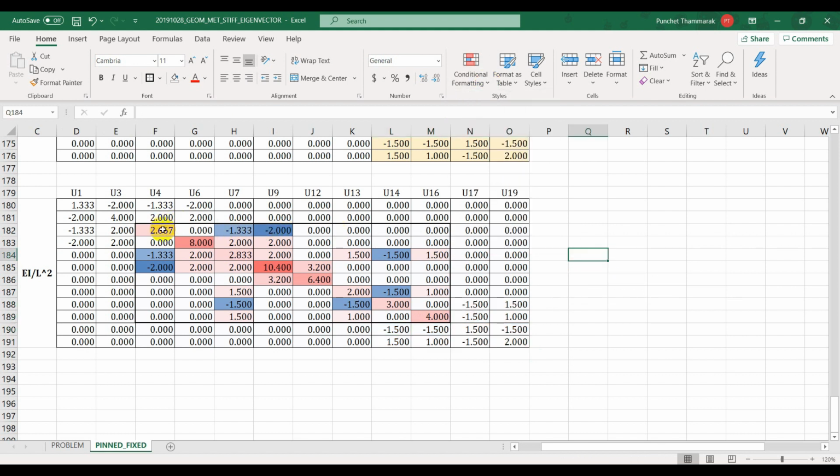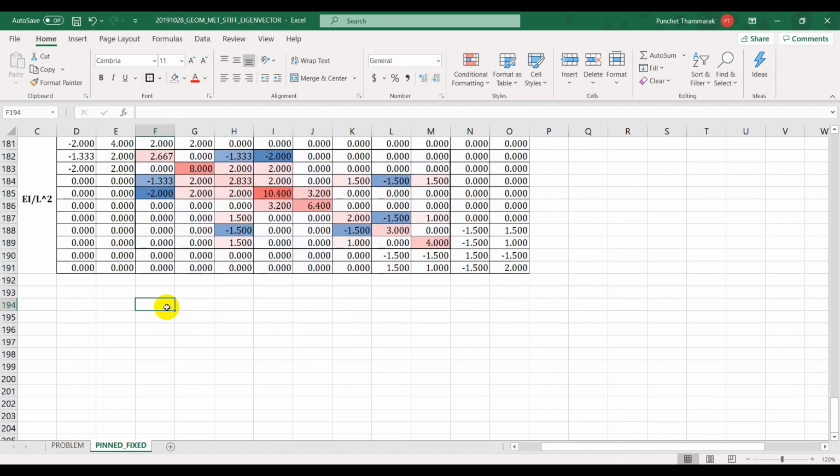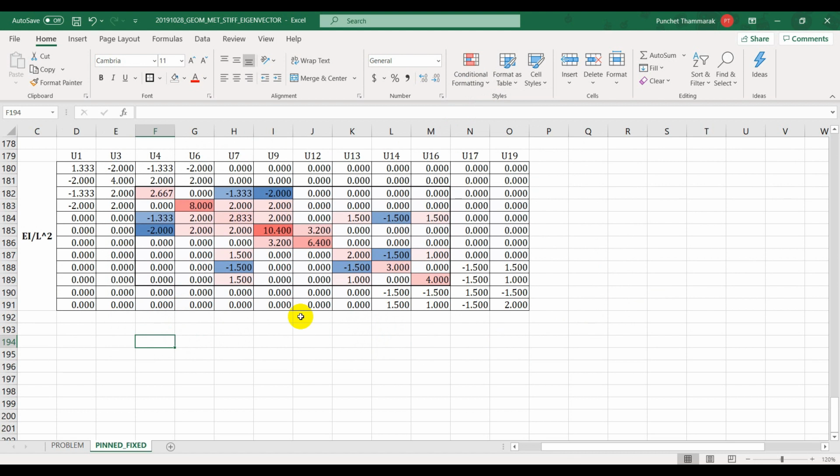Okay, so we need the determinant of this part. So determinant is equal to MDETERM of this, close the bracket, there you go. We need the determinant to be 0.